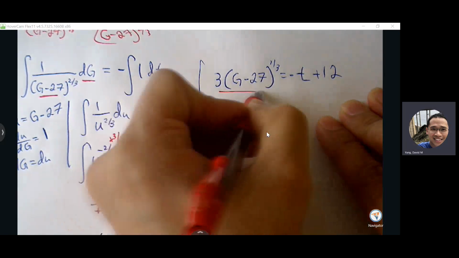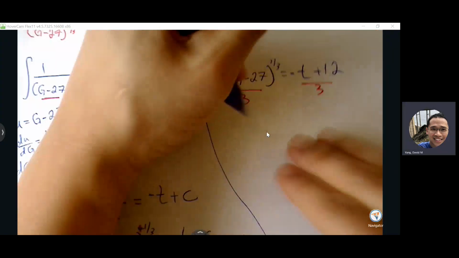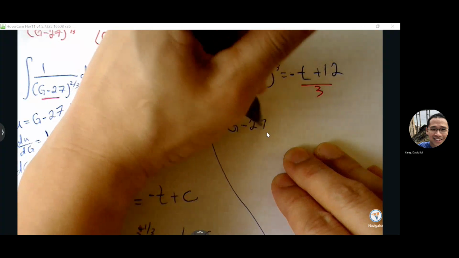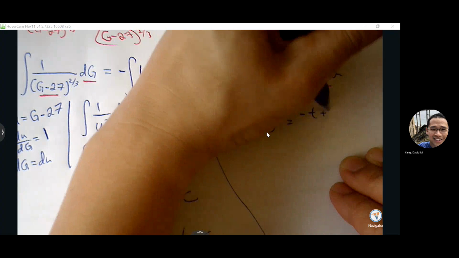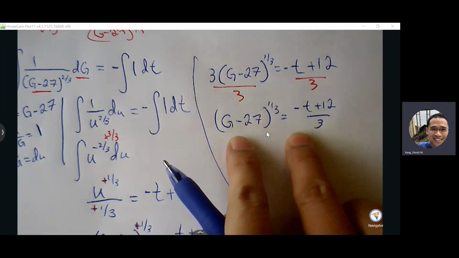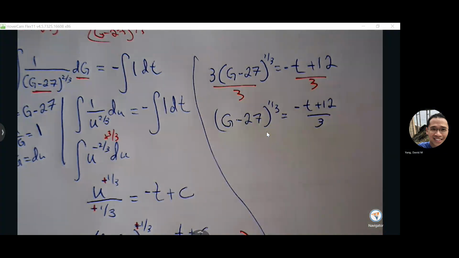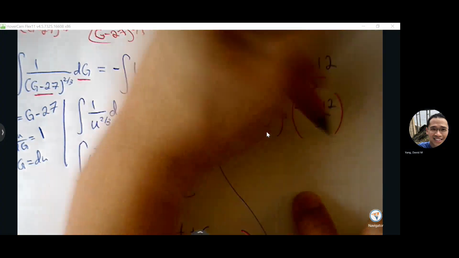One by one, I'll move things over to the right side. Okay, what can I do to get rid of the parentheses? Raise both sides to what power?